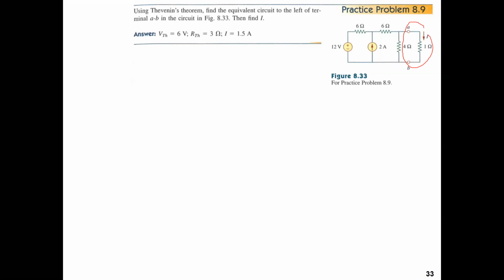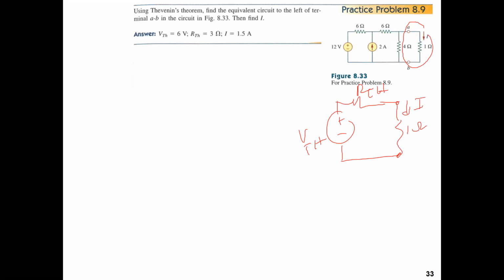So again, we need VTH and RTH, and we put RL, which is 1 ohm, and then we find I. So what's missing here? VTH and RTH.